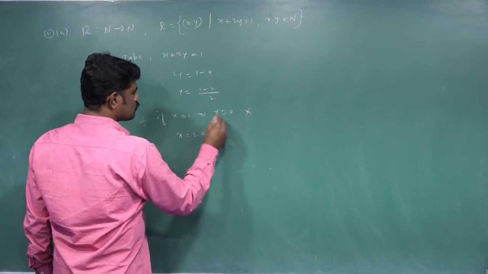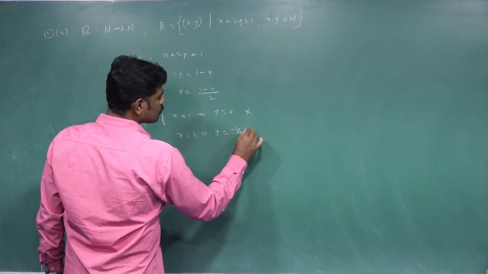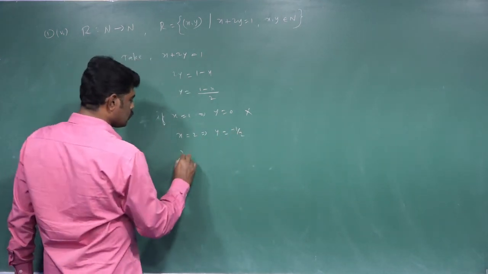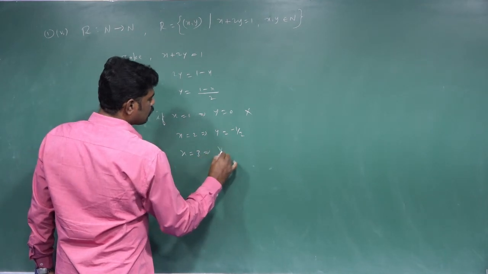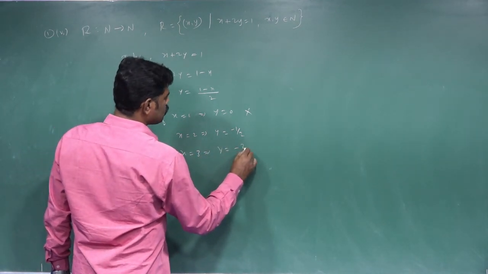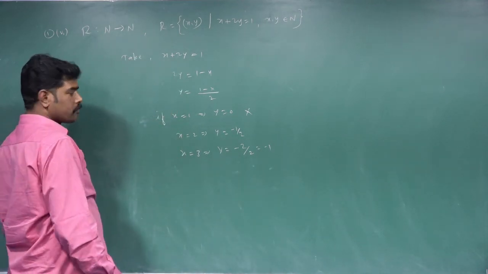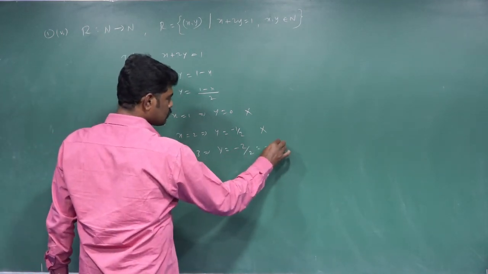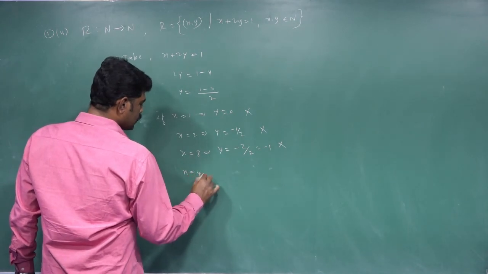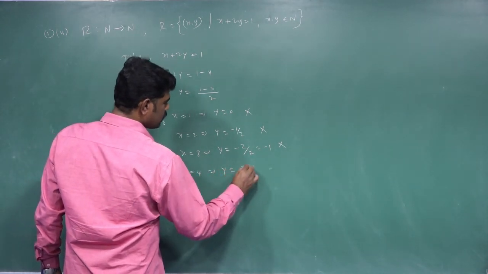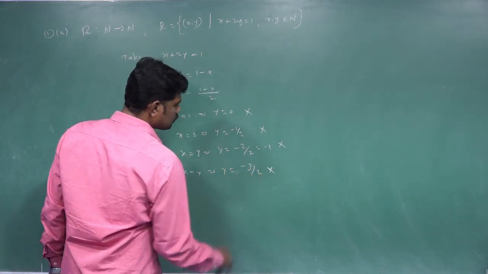Suppose x is equal to 2, then y is equal to minus 1 by 2. Then x is equal to 3, then y is equal to minus 2 by 2, that is minus 1 now. So this is not possible. When x is equal to 4, then y is equal to minus 3 by 2. That is not possible.